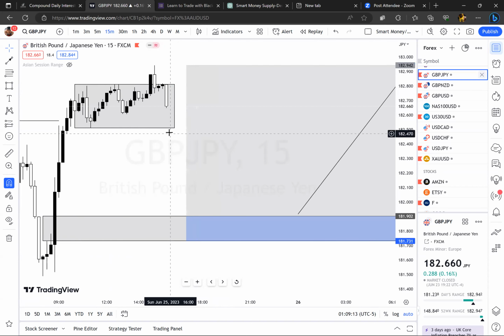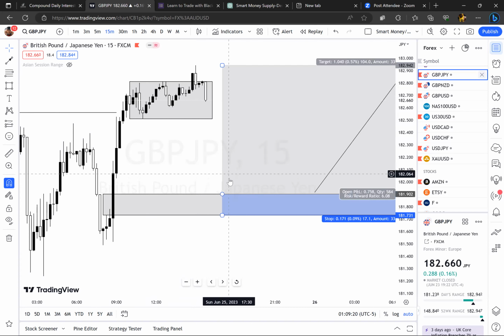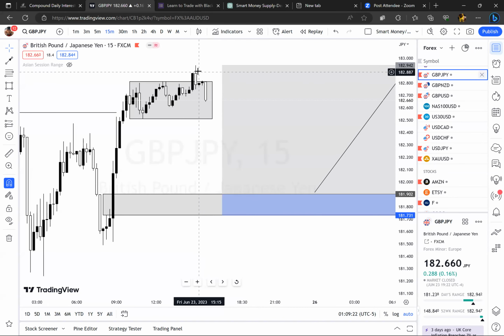Now, most of the time, when that happens, you can expect price to go in the opposite direction. You're going to get that stop up here, boom, price comes down. This lets me know price is going to come down to our zone.